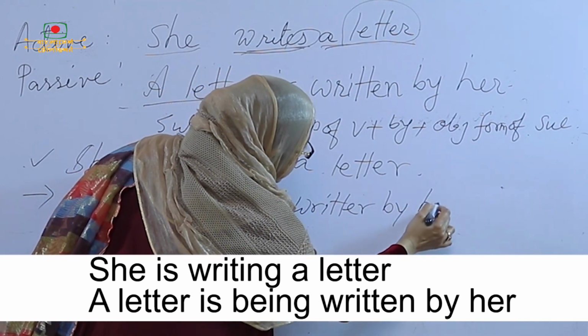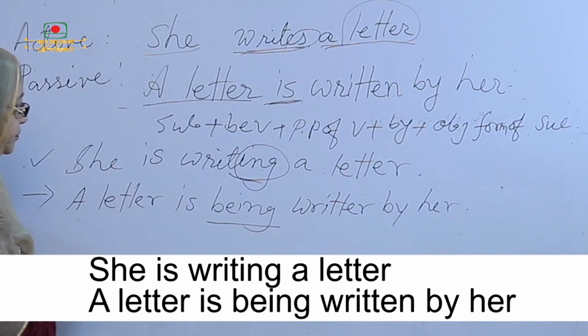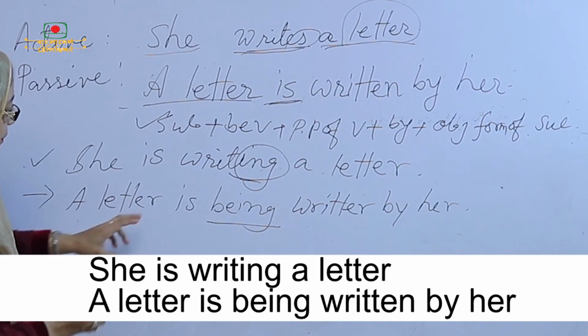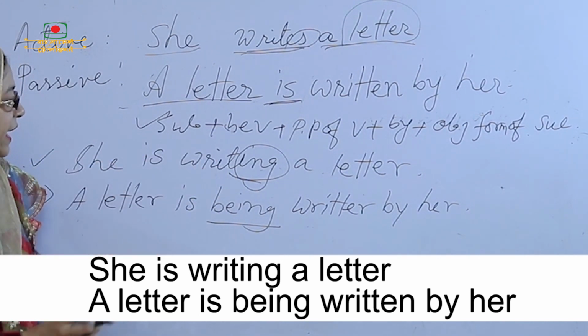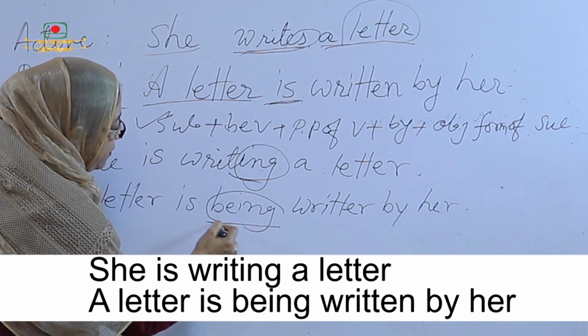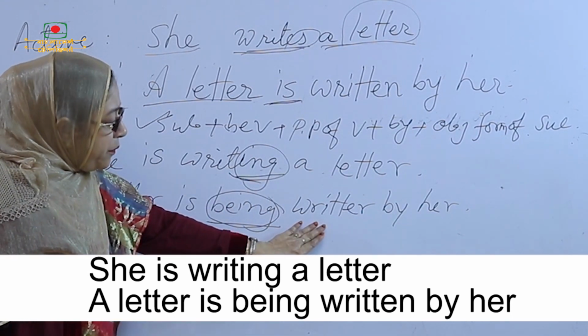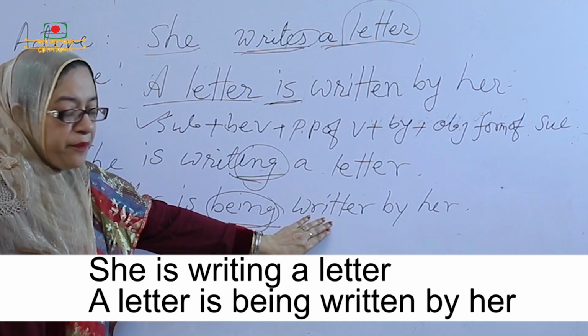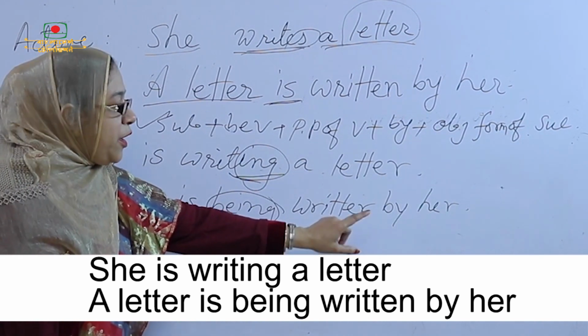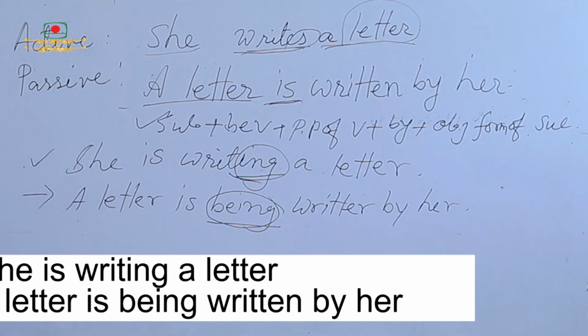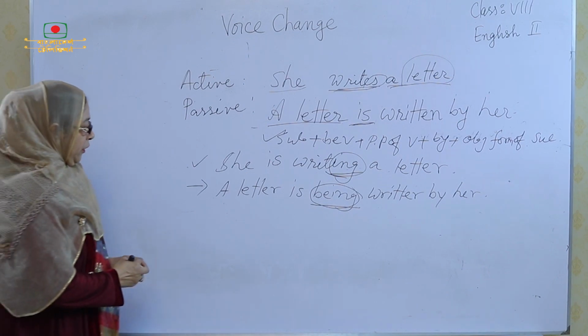So look at the structure: subject plus be verb, and we use "being" because it is a continuous form, and then the past participle form of the main verb plus by plus the objective form of the subject.